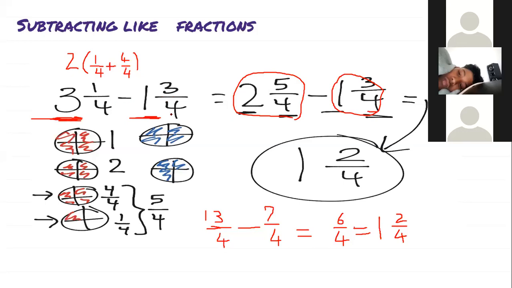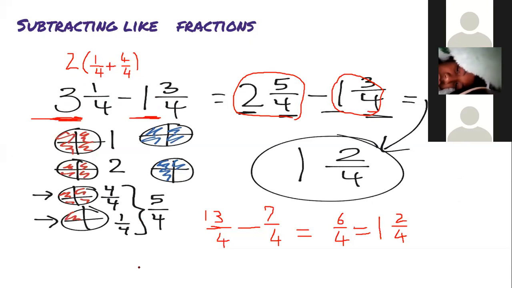So the two fractions give you the guide to say, no, let me take one whole from here and put it this side so that this fraction can be more than this one. Remember that we don't want a negative answer. Or you can change it as I did here at the bottom. If it's confusing, you can change it into an improper fraction and subtract it from an improper fraction to get the answer. Then you can change it back into mixed.